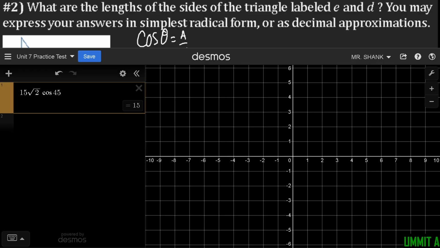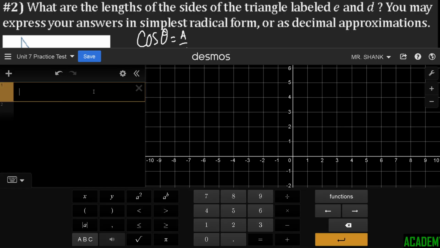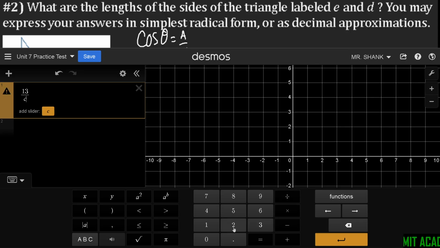Let me clear out what I had from before, since we're on a different problem. I'm going to say 13 divided by cosine, C-O-S, of 60. That's going to be 26. That makes sense because I needed a number that is more than that leg, because I'm looking for the hypotenuse.